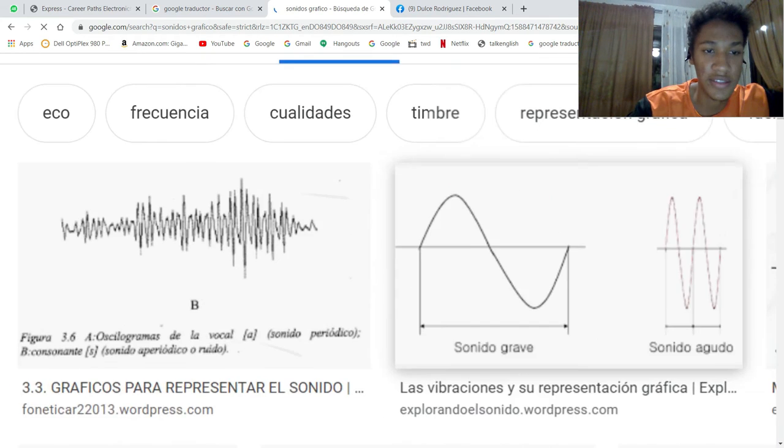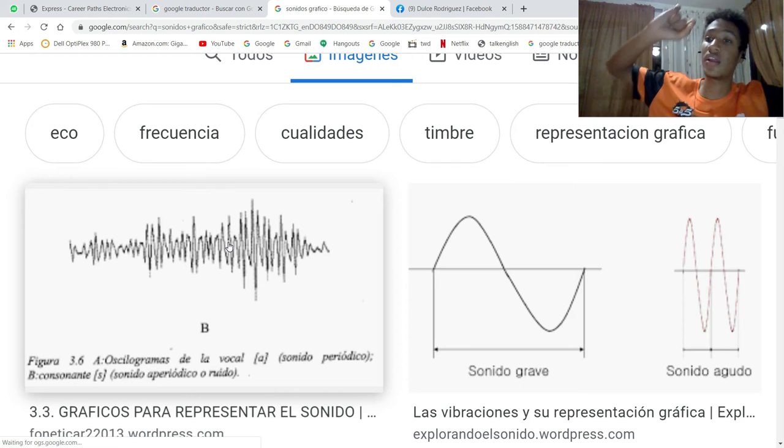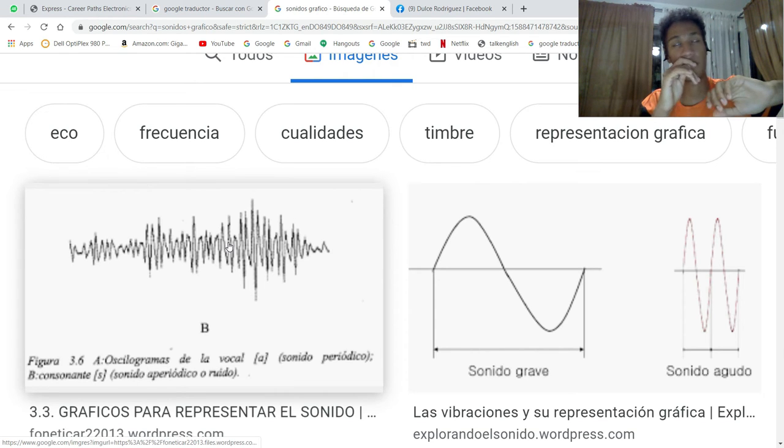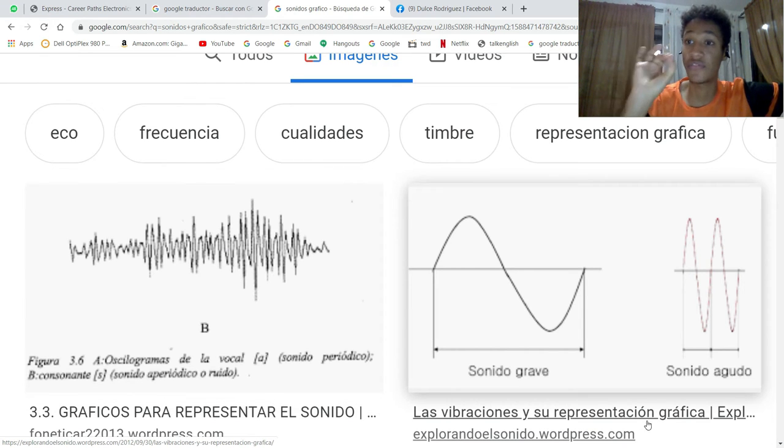This is a level of current, and that is the frequency of the sounds.